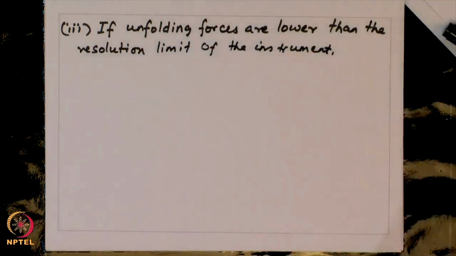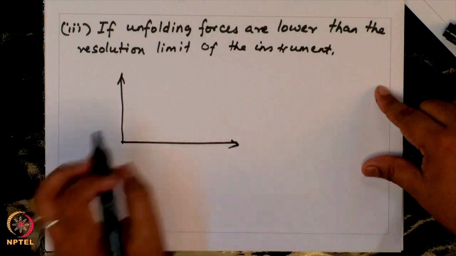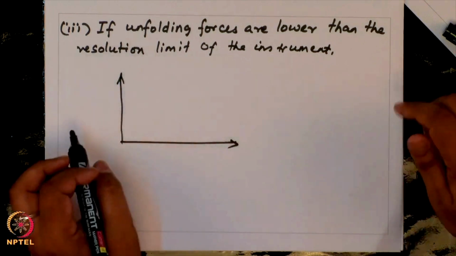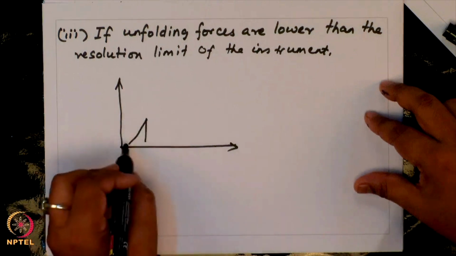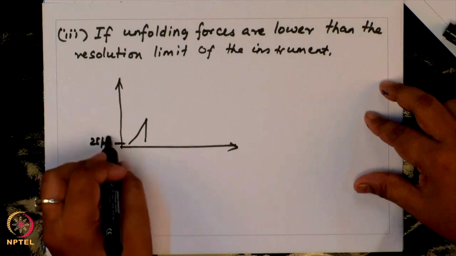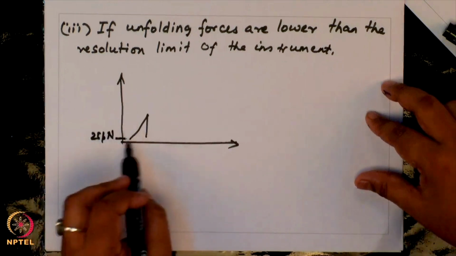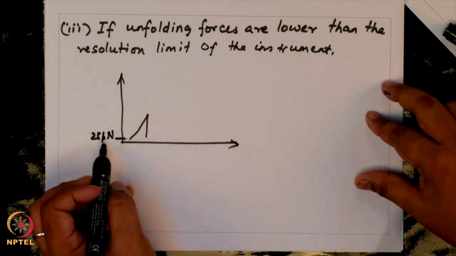So, in other words, in your force scale, if you cannot resolve below 20 piconewtons, you do not see anything below 20 piconewtons. So, this absolute lowest is, let us say, 25 piconewtons. Okay. So, you cannot record, you will not get any spectra for a peak which is below 25 piconewtons.